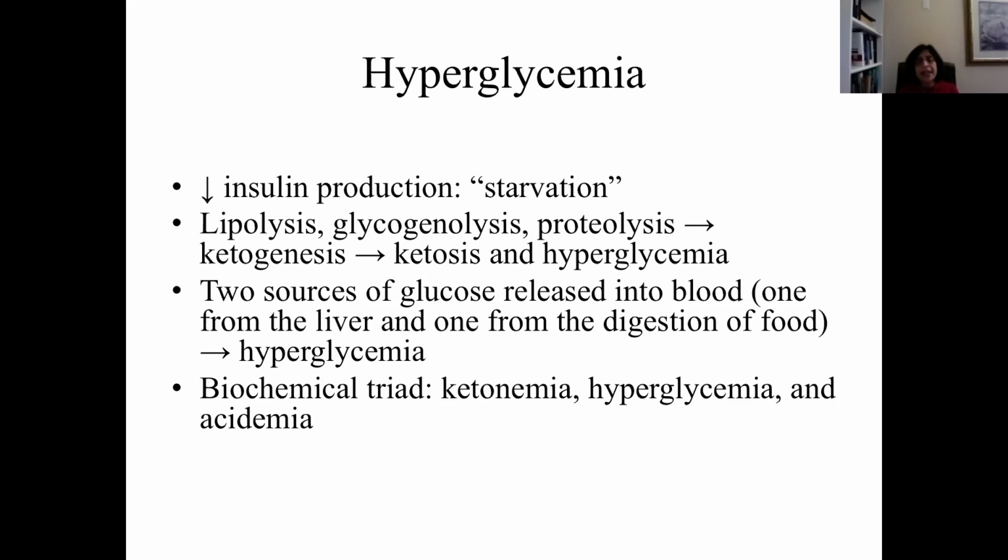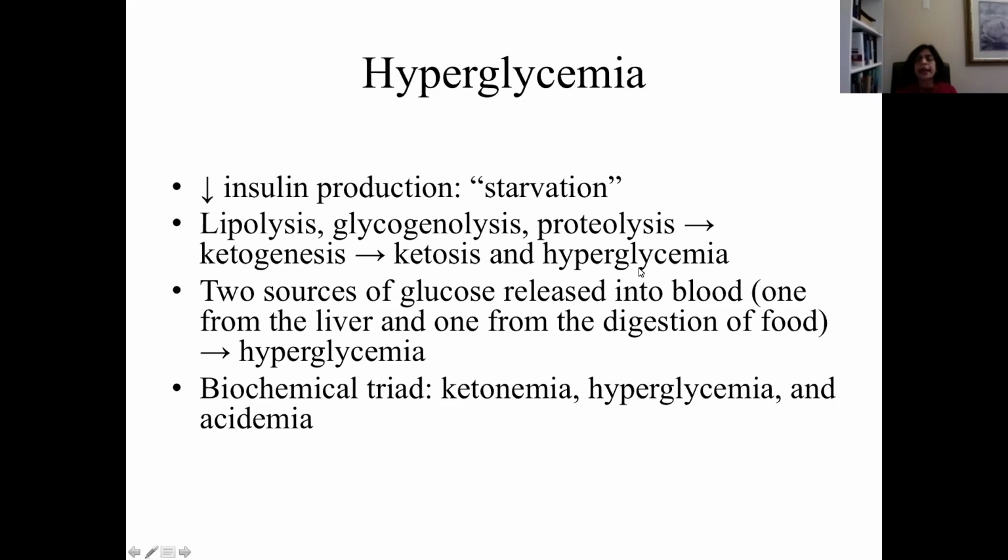Okay, and that's what you refer to as ketogenesis, increased levels of ketone bodies. Okay, that's when you use the term ketosis. Ketosis is higher levels of ketone bodies in the blood than normal.